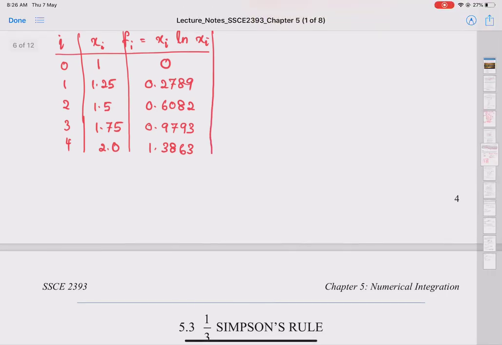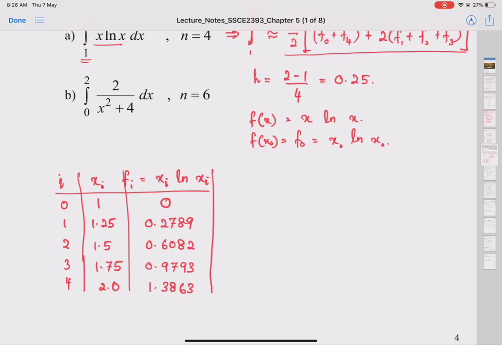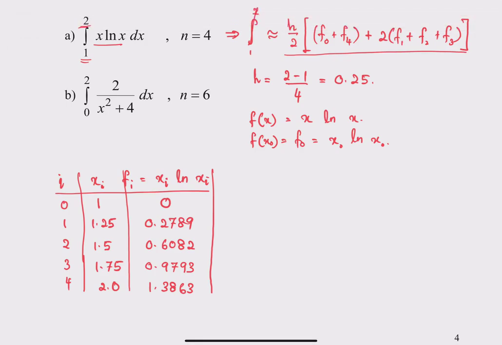Okay, and then we apply the formula that we have. The integration from 1 to 2 of x ln x dx is approximately h over 2, 0.25 divided by 2, multiplied by f0 plus f4, which is 0 plus 1.3863, so you get 1.3863, and the rest you must multiply by 2.